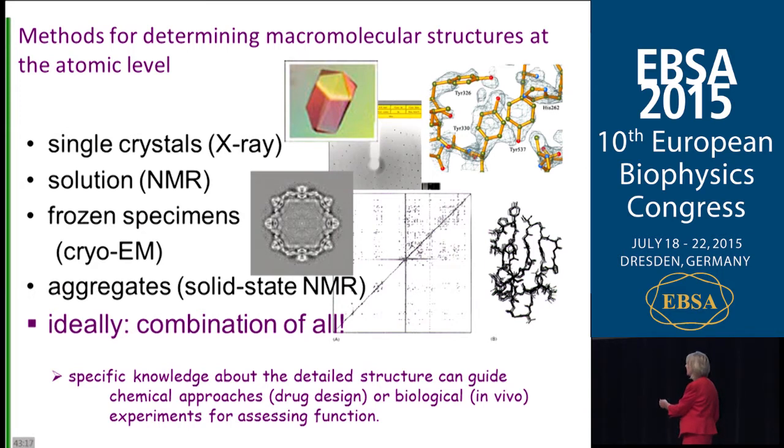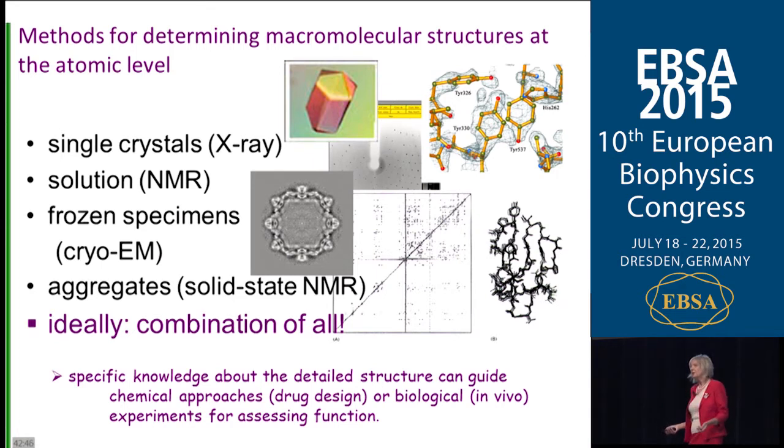You also heard that there is another methodology that, in my view, right now is really rapidly advancing structural work, and that is solid-state NMR. And the big advantage of solid-state NMR is that you can work on amorphous systems and irregular aggregates. So anything that associates and does not form order is very well suited to be studied by solid-state NMR.